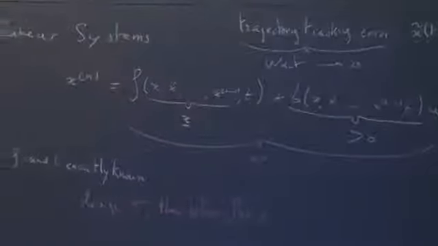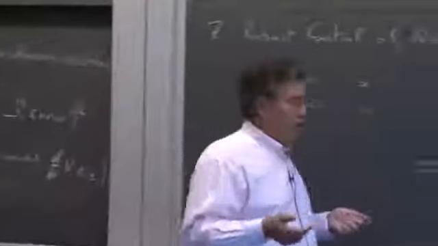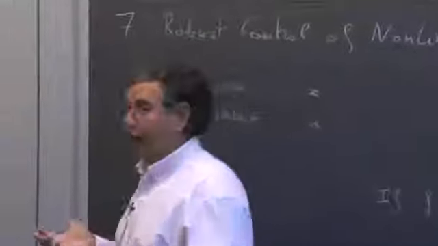Now, of course, real systems are not like that. You don't know F exactly. You don't know B exactly. And depending on the system, they may be quite far away from that.